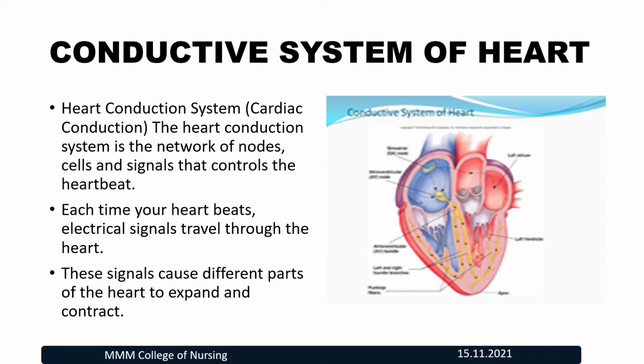The stimulation travels from the sinoatrial node to the atrioventricular node, and from the atrioventricular node to the bundle of His and the Purkinje fibers, and it radiates all over the heart. Each time your heart beats, an electrical signal travels through the heart. These signals cause different parts of the heart to expand and contract.